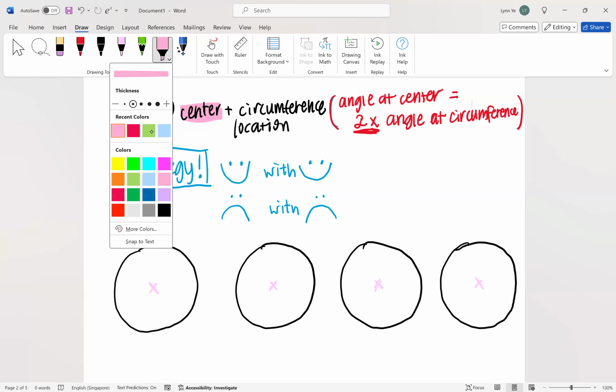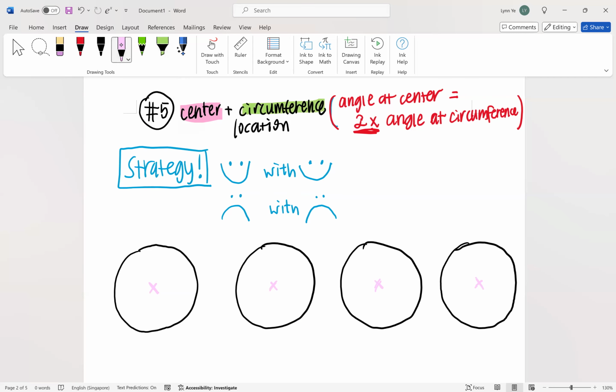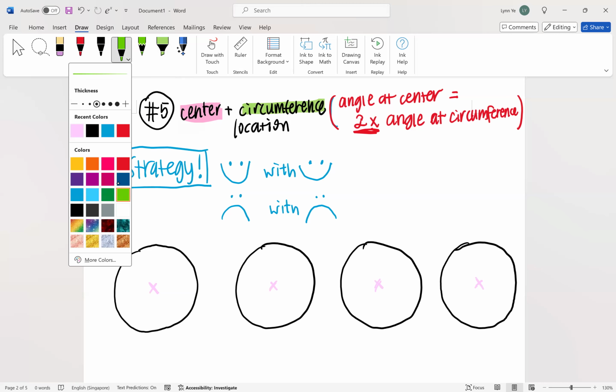And then circumference is in green. You can use your green pen to mark out the circumference.